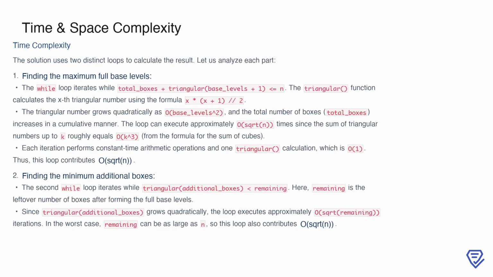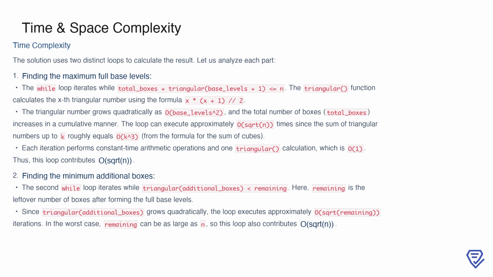To analyze the time complexity of our solution, we start by examining the first loop, which determines the maximum number of full base levels that can be formed. Here, the while loop runs as long as the total number of boxes, including the next triangular number, does not exceed n. The triangular function, which calculates the xth triangular number using the formula x * (x + 1) // 2, grows quadratically with respect to its input.